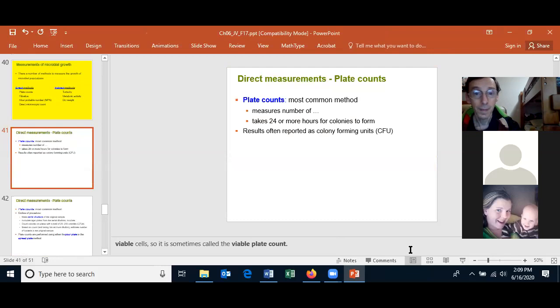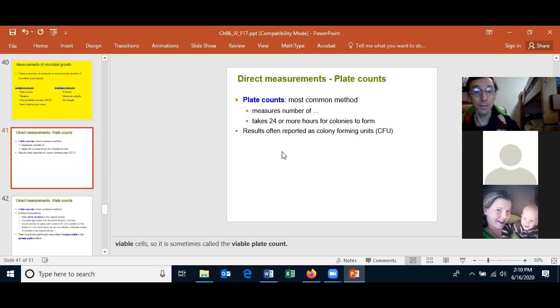The direct plate count, we'll also call the viable plate count, is a very common method used for obtaining the number of viable cells in a solution. You plate the cells on a media, and then grow them up, and then look for the number of colonies that grow, count the colony forming units, and then you say that's how many cells were viable in the solution that you plated onto this plate.